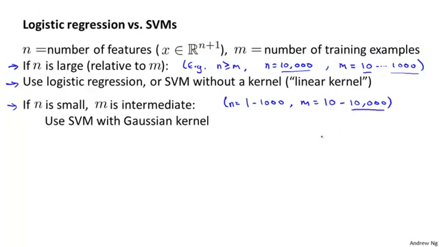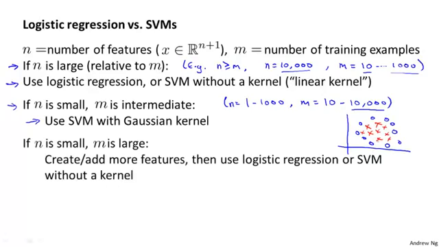So if m is intermediate size, then often an SVM with a Gaussian kernel will work well. We talked about this earlier as well, but one concrete example of this would be if you have a two-dimensional training set. So if n is equal to 2, but you have a pretty large number of training examples, then a Gaussian kernel would do a pretty good job separating the positive and negative classes.